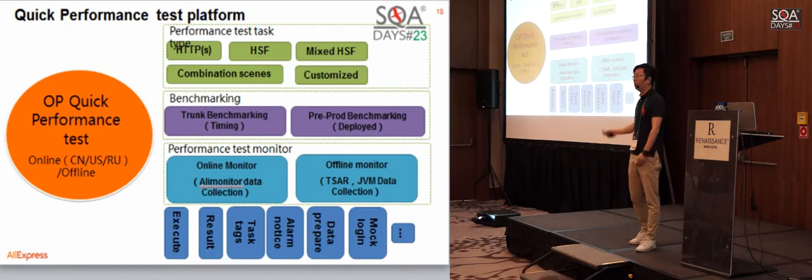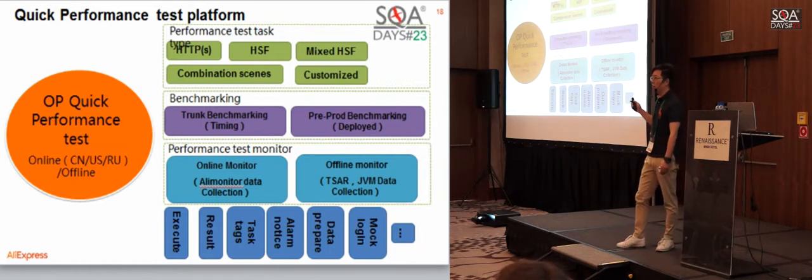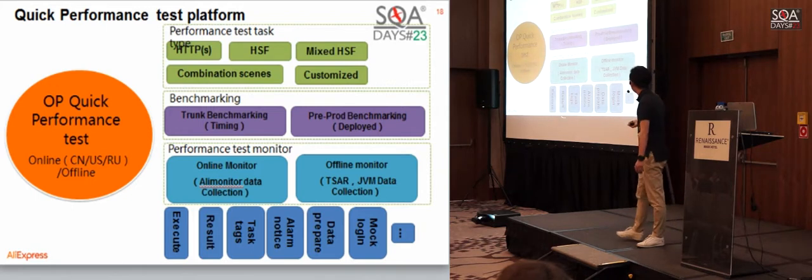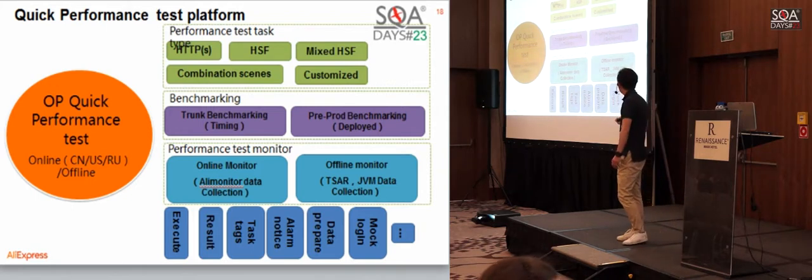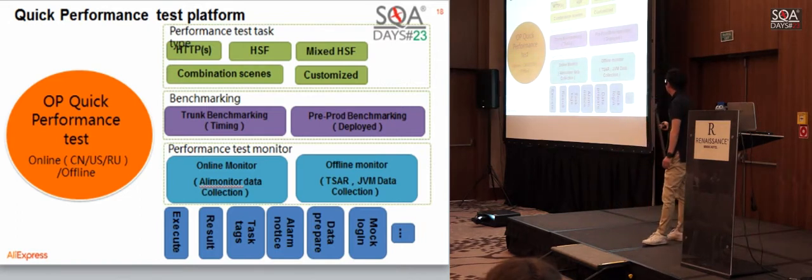We can also support the benchmarking for our chunk and branch. On this platform, we can also mock the login data, prepare data, set alarm notices, task tags, and results. For the monitoring systems, we can do online monitoring or offline monitoring.